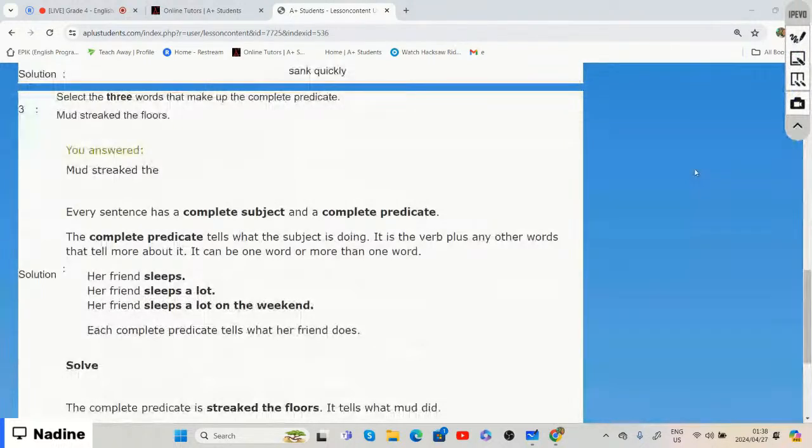We must select three words that make up a complete predicate.